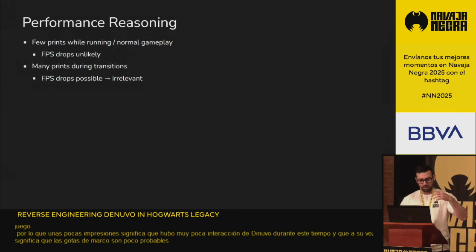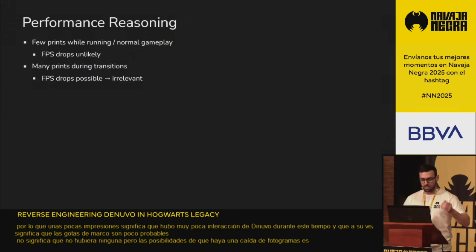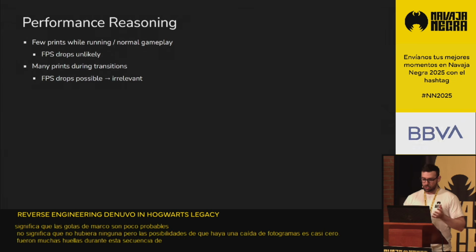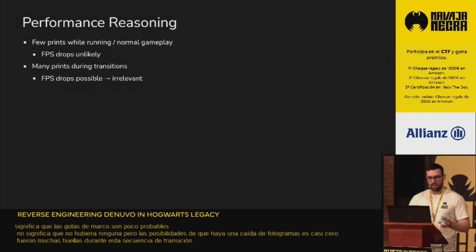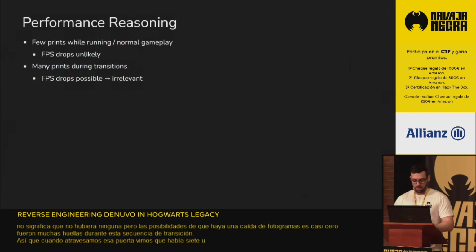So when we went through that door, we saw there were 7 or 8 prints, and that means that a huge chunk of Denuvo checks were being executed, and in turn that means that there is a chance of FPS drops occurring. But again, you don't really care because this was a transition sequence, there was this loading sequence, and you don't care about FPS drops in such moments.